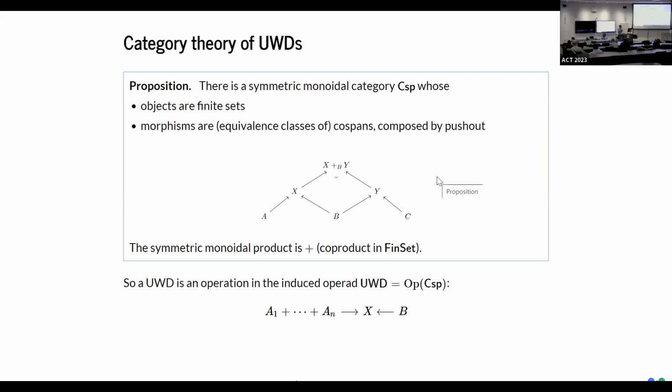And, remembering from last time the cospan viewpoint on UWDs, we can see that in the operad induced by this SMC, the operations are precisely UWDs because they're cospans of this form where the left foot is a sum of given finite sets. Right, so hopefully we remember that from the last part.